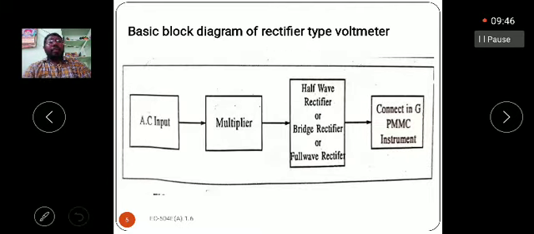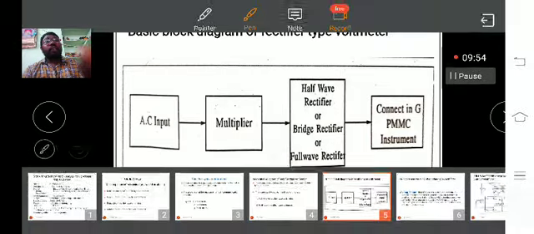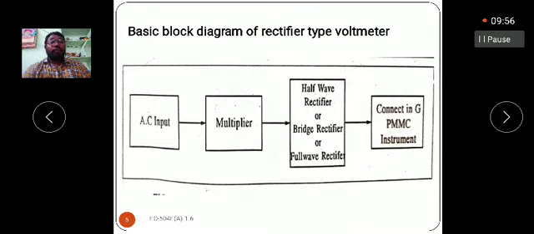This is the basic block diagram of the rectifier type voltmeter. Here we are observing four blocks. The first block is the AC input. The second block is the multiplier.